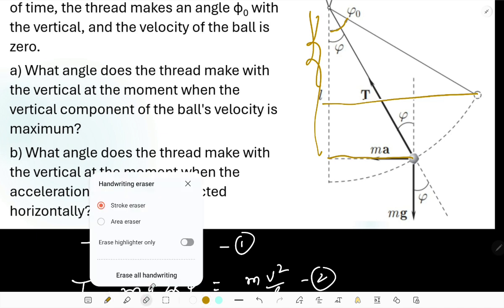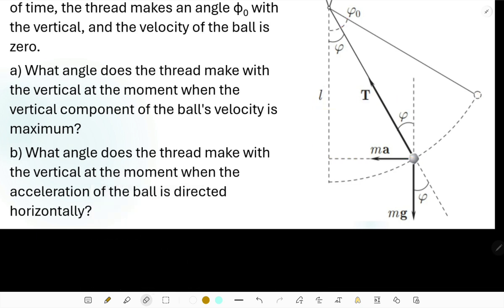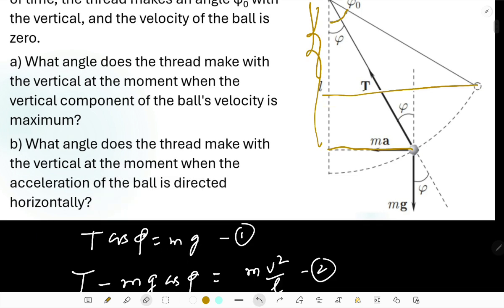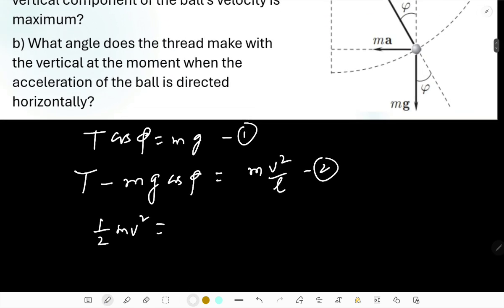The loss is simply mgL cos phi, final minus initial, cos phi naught.